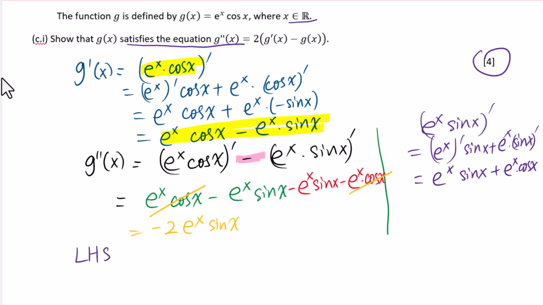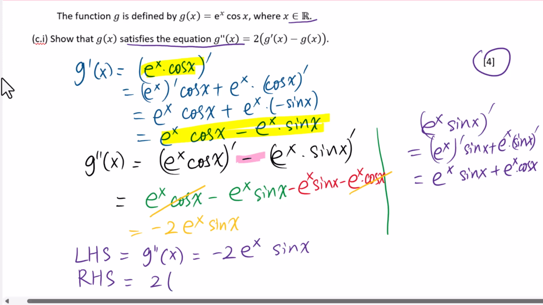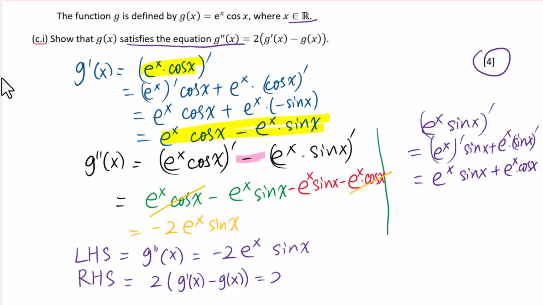Left hand side equals g double prime of x equals negative 2 e to the power of x sine x. Right hand side equals 2 times g prime of x minus g of x equals 2 times, plug in, e to the x power cosine x minus e to the x power sine x.